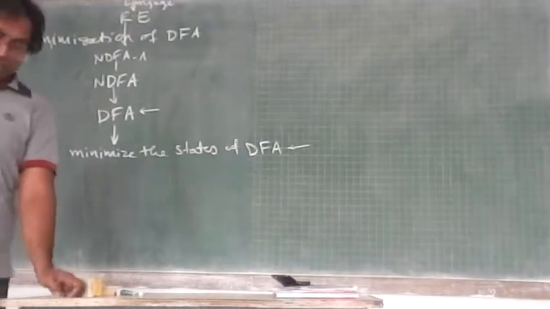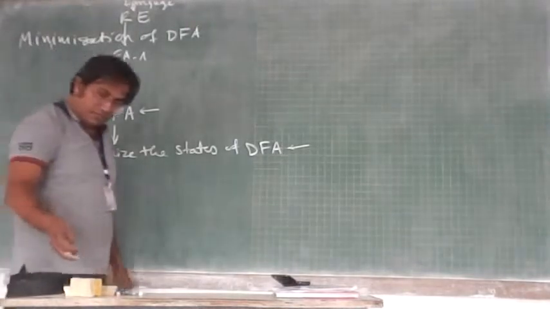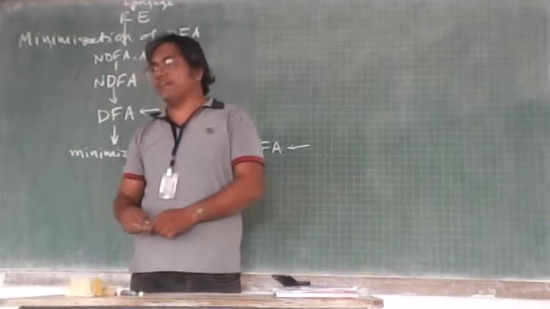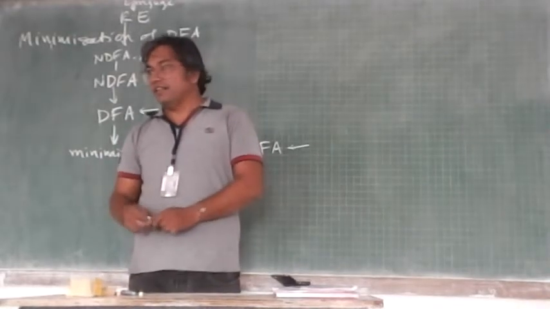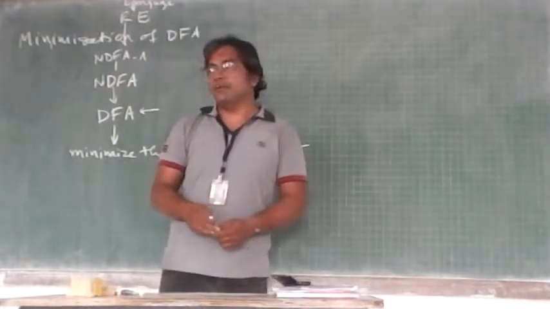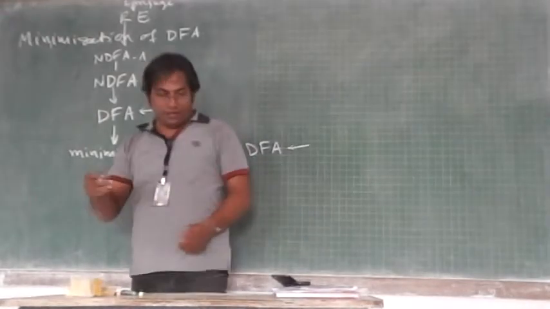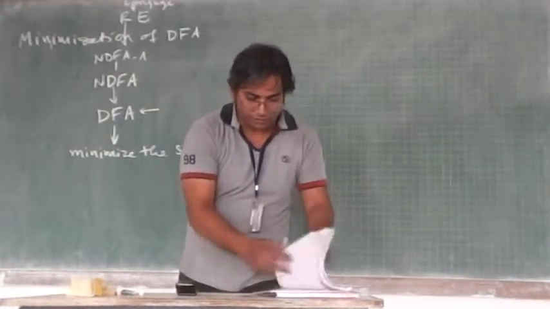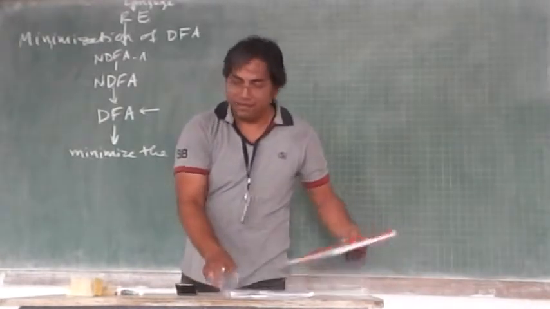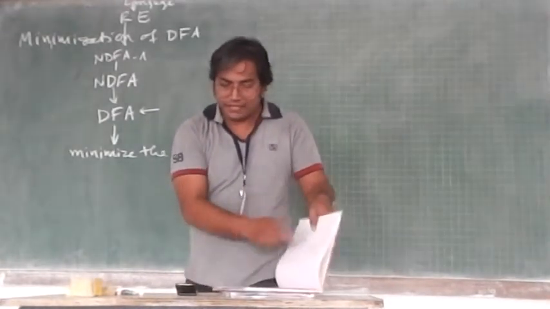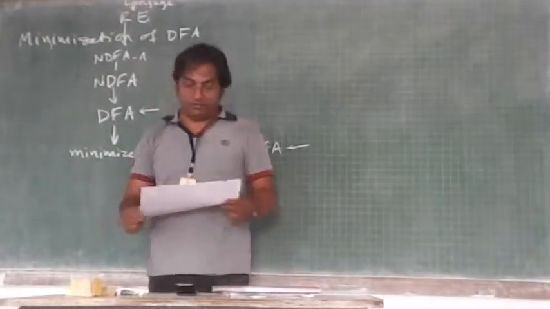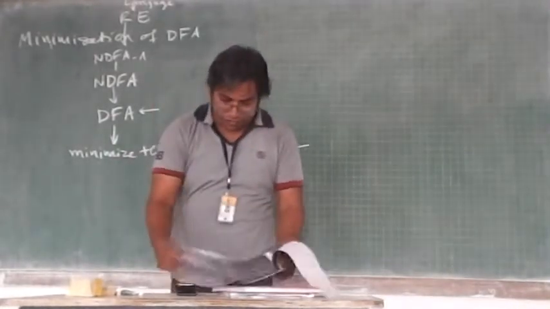It is so easy, a very simple concept. If you understand that concept, then for any DFA you will be able to minimize it. So first of all I draw one DFA, and we will analyze that DFA and find the need for minimization of states.